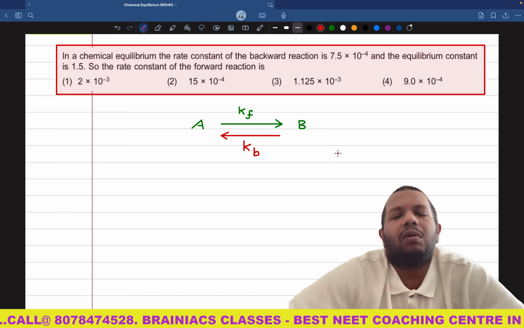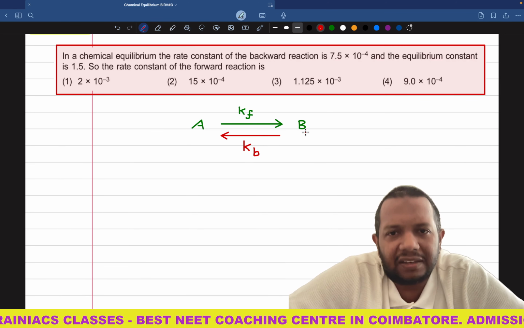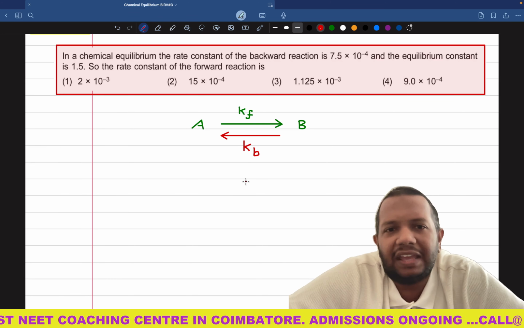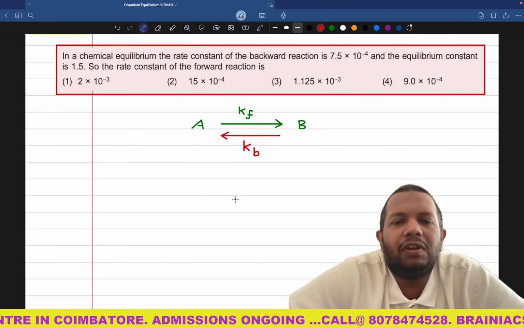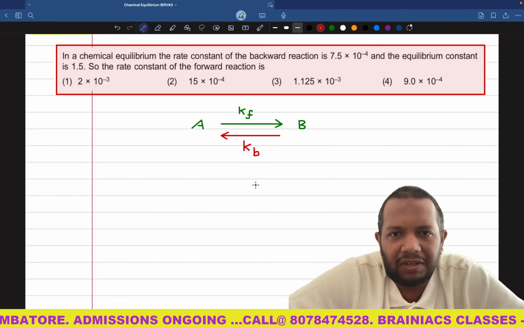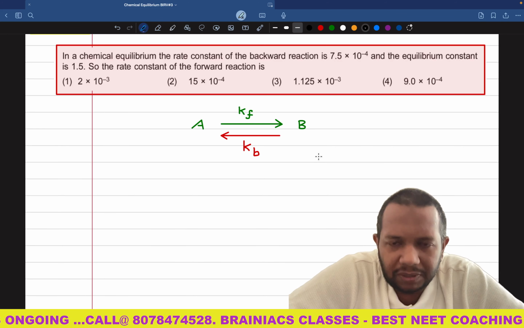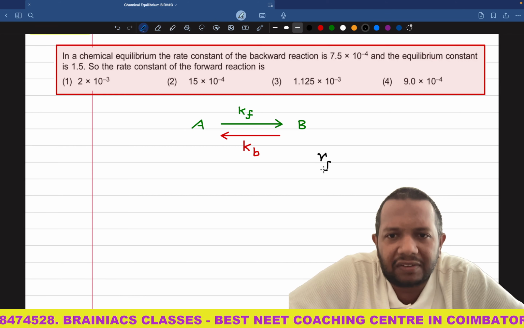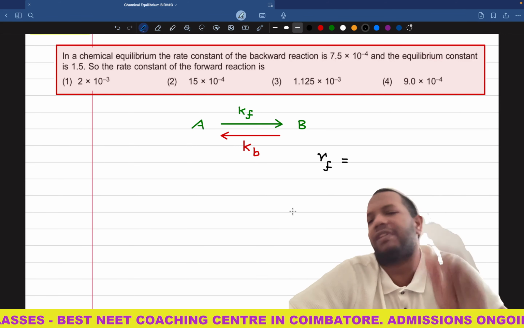Now you have a forward reaction. After some time the product will convert back to reactants, for which the rate constant is Kb. For the forward reaction, the rate constant is Kf. So how will you write the rate equation fundamentally? From the chemical kinetics chapter, we know the rate of a reaction depends only on reactants.